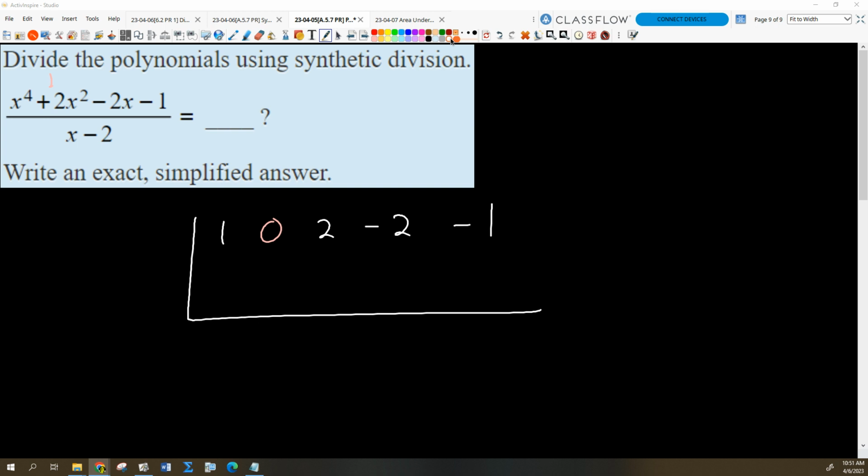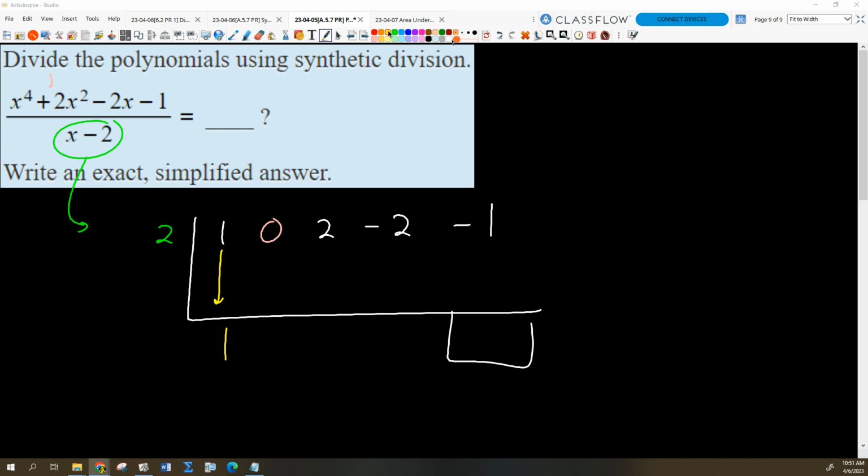What do I put below the -1? The last number. Box, remainder box. Okay, what number goes out front? 2. The 0 of the denominator, so not -2, 2. Okay, we drop the 1 down, right? Remember, that's our first step. Whatever the first number is, just drops below.